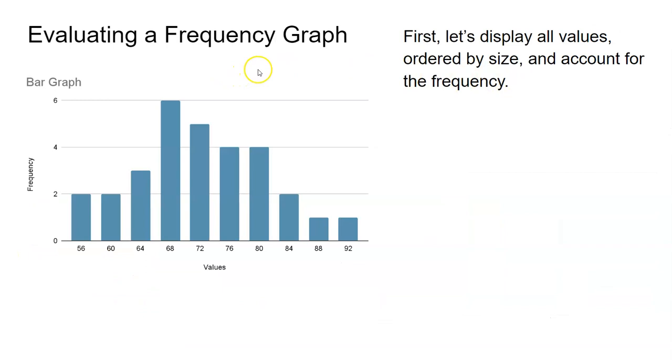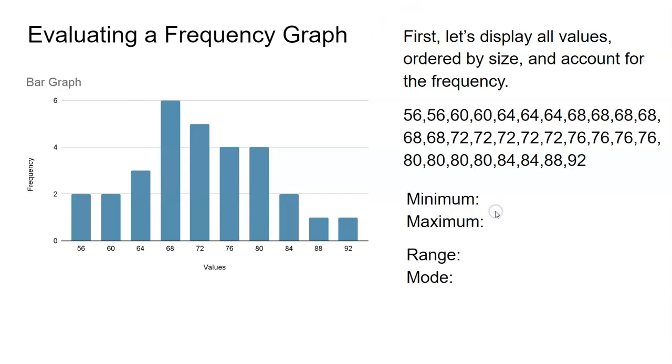Now I want to evaluate a frequency graph. This is the same data we saw earlier, and the first thing you should always do is get all the values and order them from smallest to largest, while also having the amount that each value appears. So what does that look like? Well, I start from 56 because that's the smallest value we have.